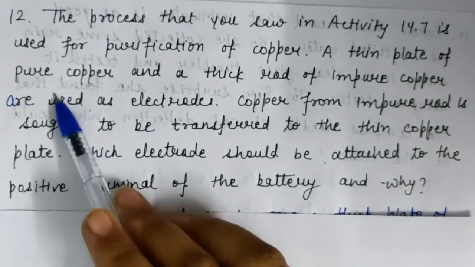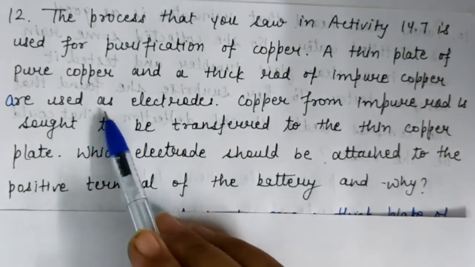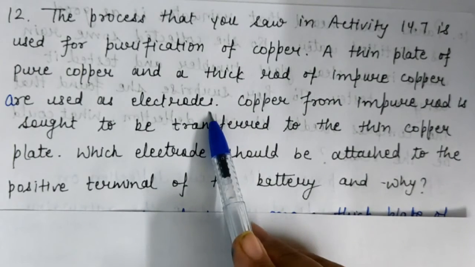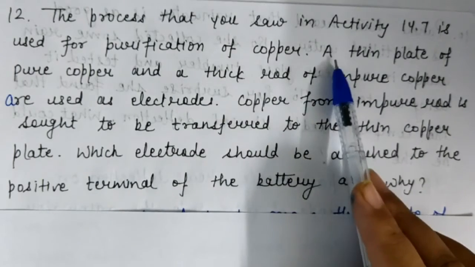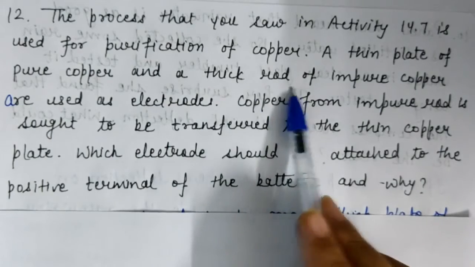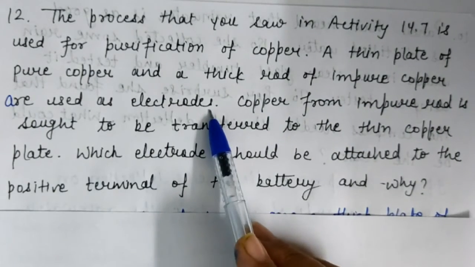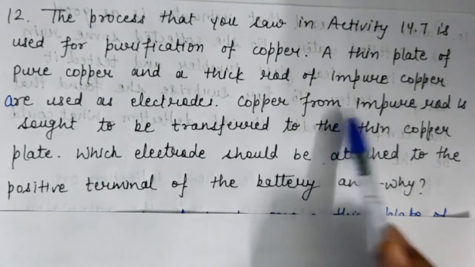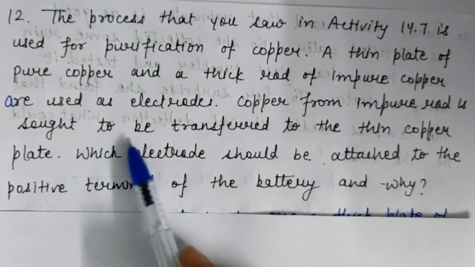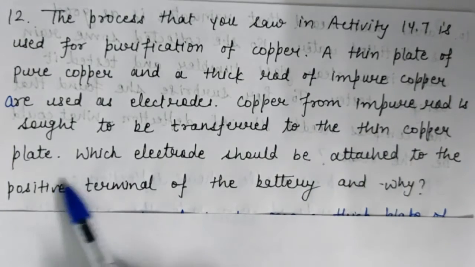A thin plate of pure copper and a thick rod of impure copper are used as electrodes. I am repeating, a thin plate of pure copper and a thick rod of impure copper are used as electrodes. Copper from the impure rod is to be transferred to the thin copper plate.